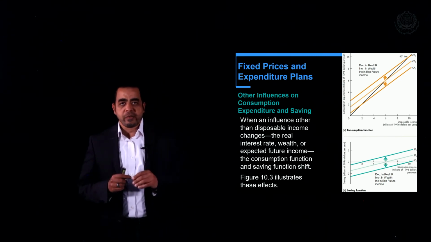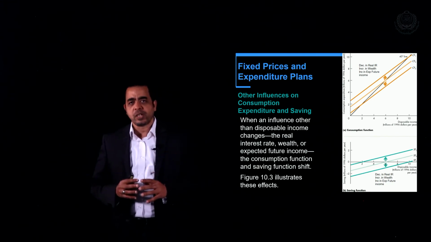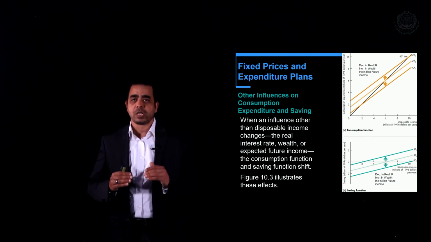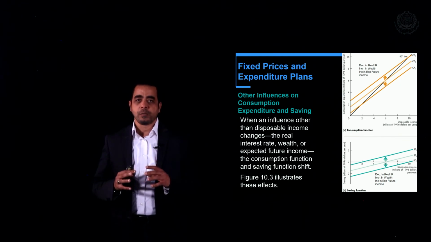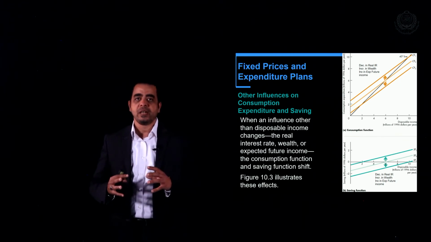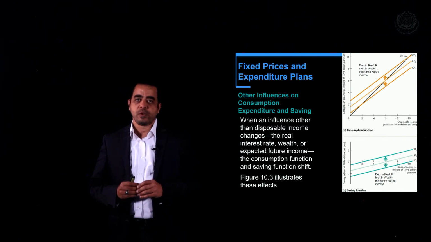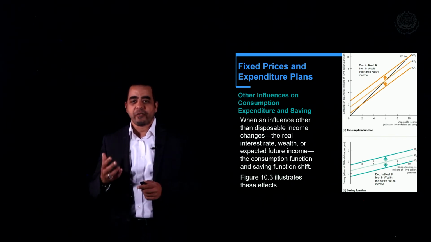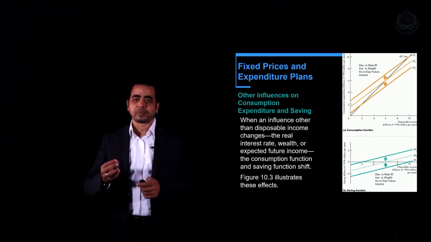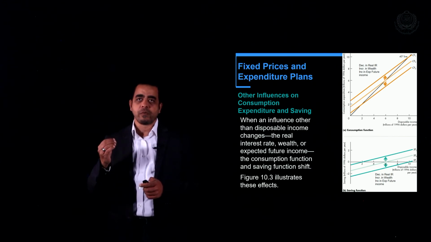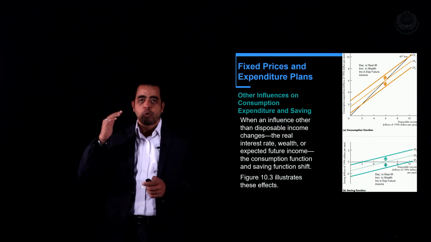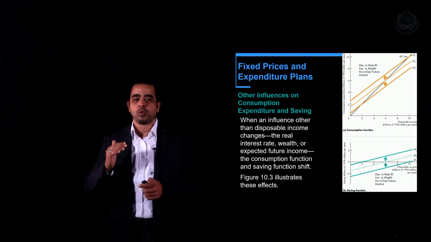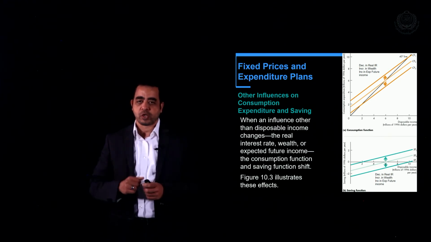Same case goes for inflation. If we're expecting higher inflation in the future, this means more consumption now, less savings, so as not to be hit by the prices in the future. So the other factors that affect the consumption function would actually cause it to go up or to go down, and savings will work in the opposite direction.